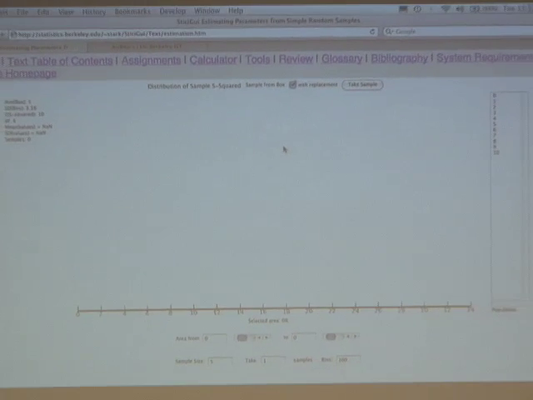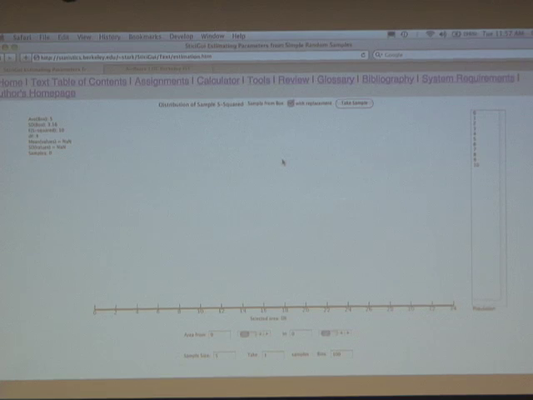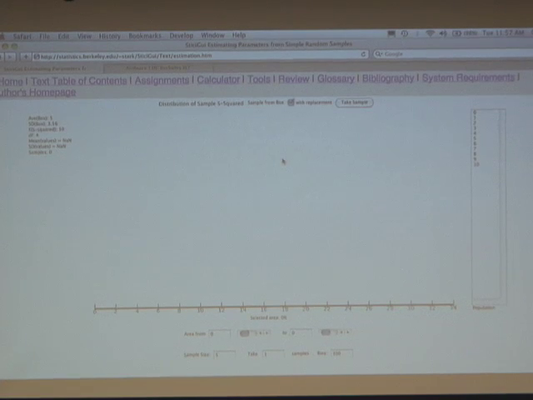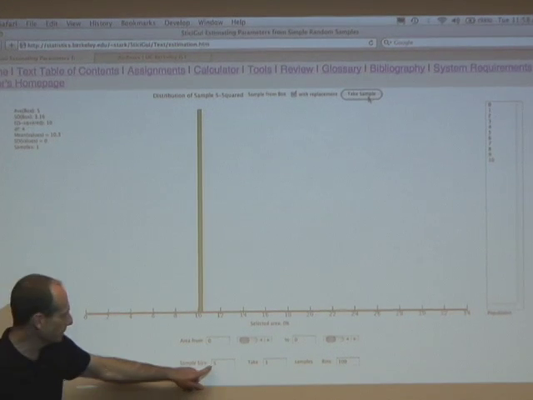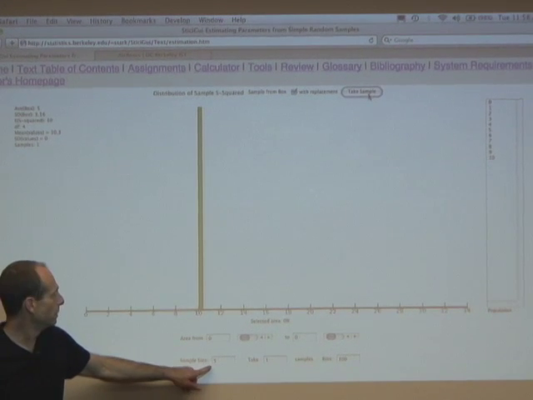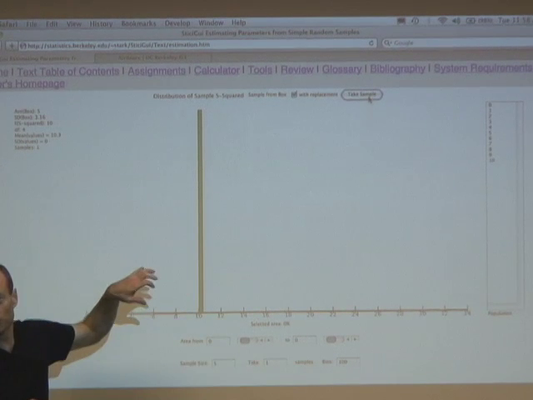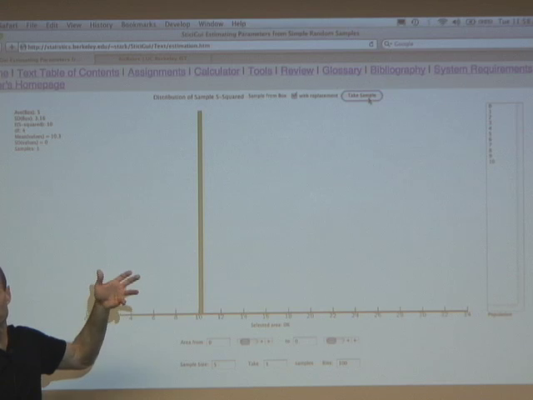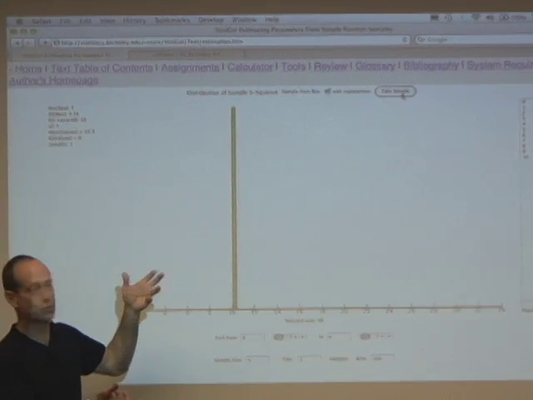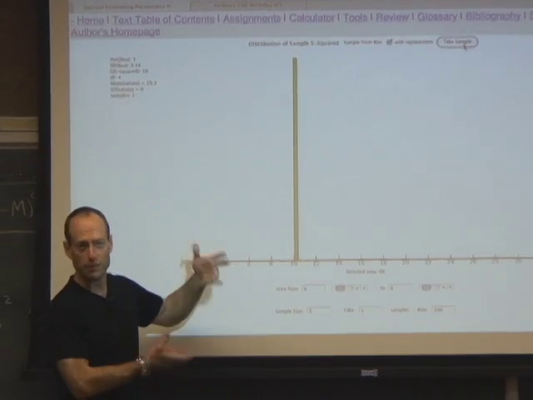Okay, so here we are. We're going to take a sample. That was a sample of size 5. We drew 5 numbers at random with replacement from the box, calculated S squared, the sum of the squares of the residuals from the sample mean divided by 4, and then that's it.